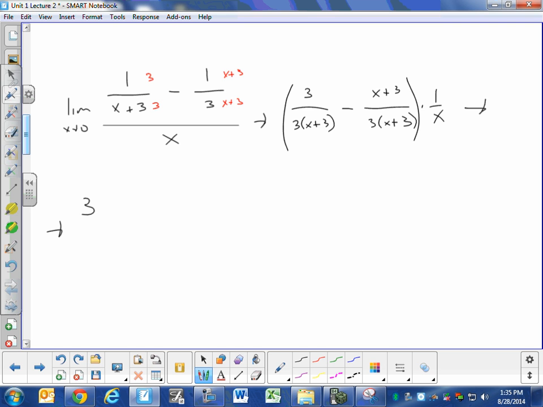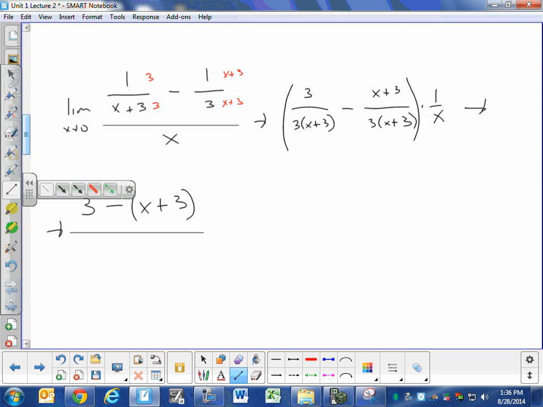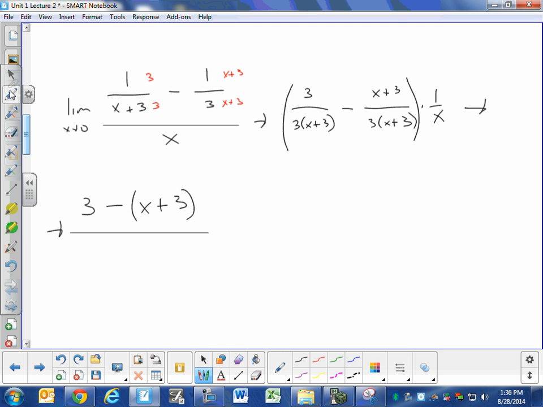Here's where people make mistakes. We are subtracting the quantity of x plus 3. So when I subtract the quantity, that subtraction distributes.